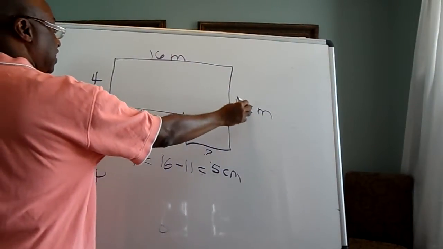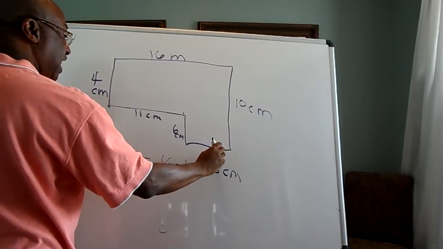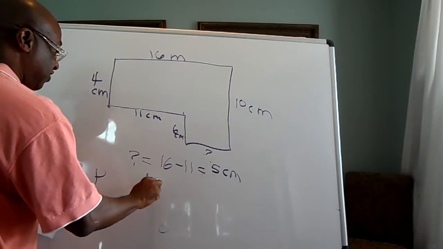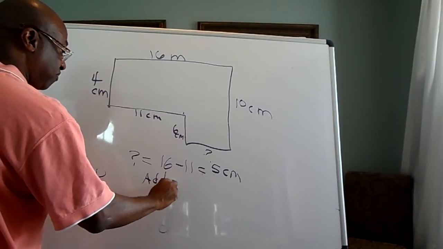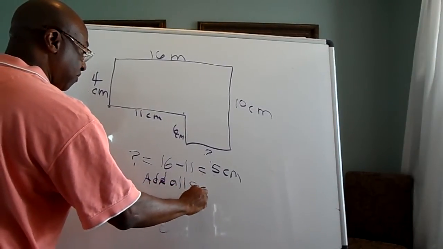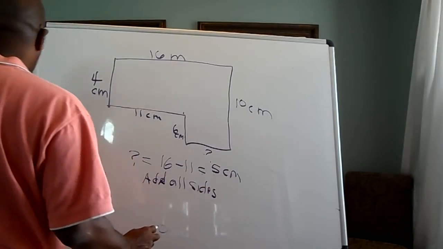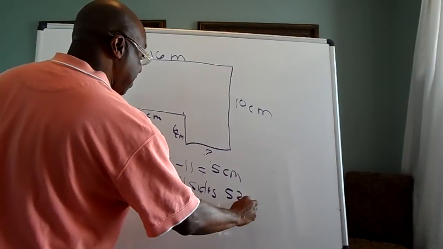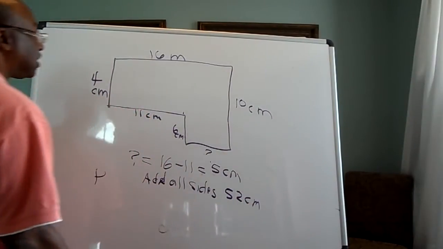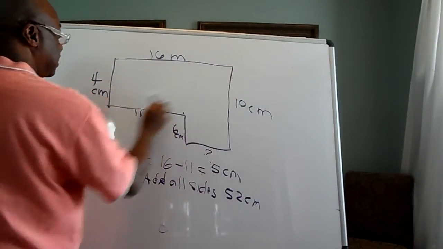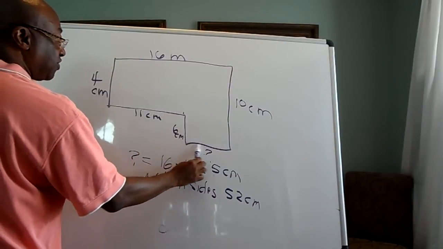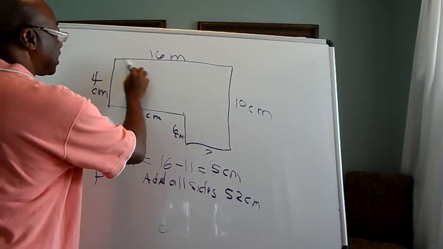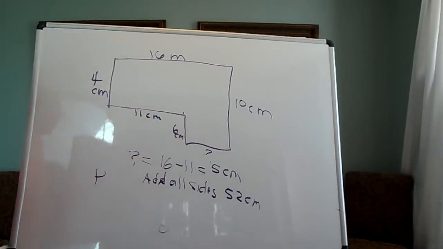Add 4, 16, 10, this is 5 now, 6, and 11. If you add all sides, you get 52 cm. Again, take 16 minus 11, and that gives us this piece here. Or you can say 11 plus how much more is going to give me 16. The answer is 5.